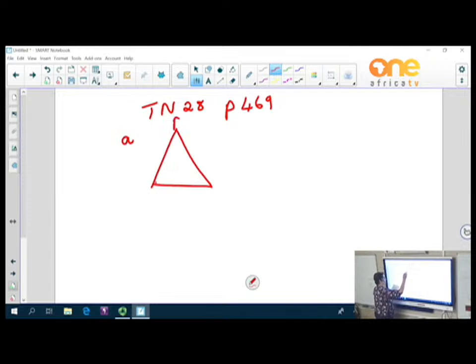This is triangle PQR. Q is 50 degrees. PR is 4 centimeters. QR is 5 centimeters. And now the question is, find angle P. I use the sine rule when I have opposite sides and opposite angles.